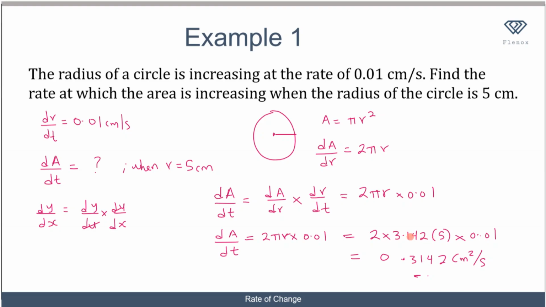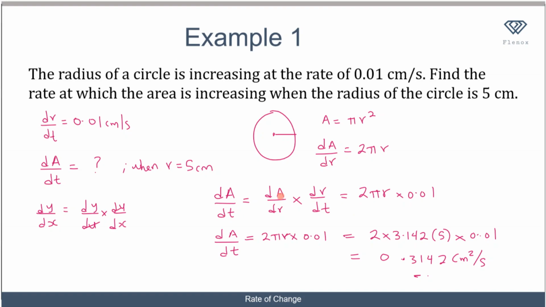We applied the chain rule of differentiation. So we are given the rate at which the radius changes with time as 0.01. We found the rate at which the area changes with respect to the radius by differentiating the formula for the area of a circle. So we found dA over dr to be 2 pi r. Then applying chain rule, we said that dA over dt will be equal to dA over dr times dr over dt, because dr will cancel dr and we are left with dA over dt.